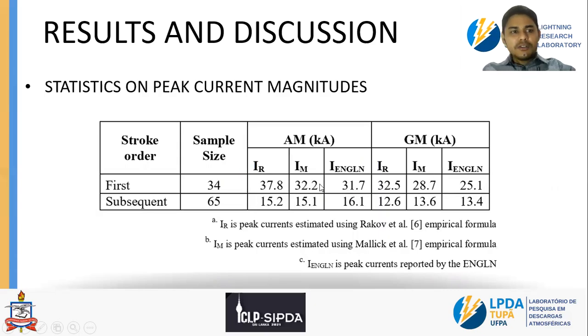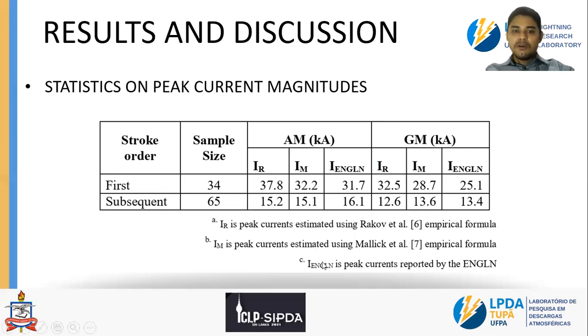Well, now I show the statistics on peak current magnitudes. Despite the very high scatter when we compare single events of Earth Networks and our approach, when we see the statistics in terms of arithmetic mean or geometric mean, the results are very close to each other.